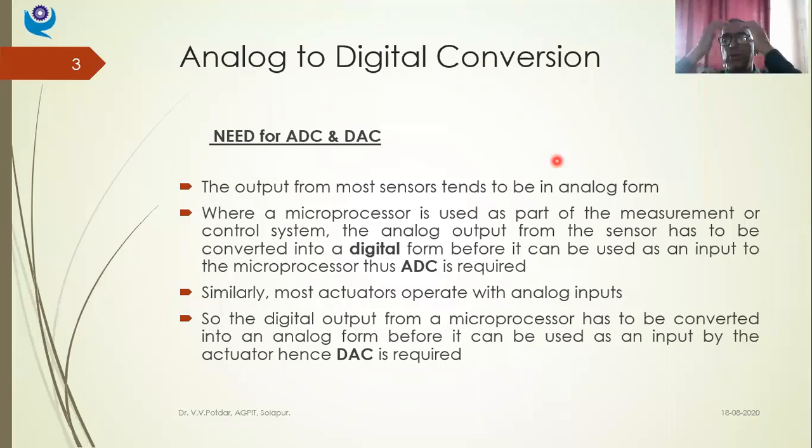If you recollect the block diagram that we discussed of a generalized mechatronic system, the task to be done by a robot as a mechatronic device, let us say, is to pick something from one place and place it at another place. For picking and placing, I'll have some actuators.